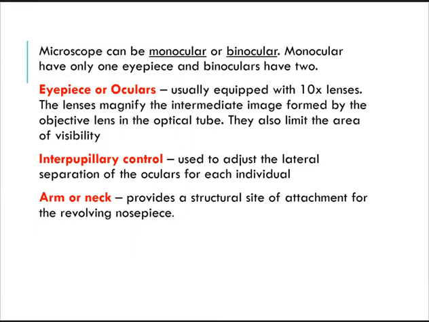Microscopes can be either monocular or binocular. Of course, from the name itself, monocular has only one eyepiece, while binocular has two.